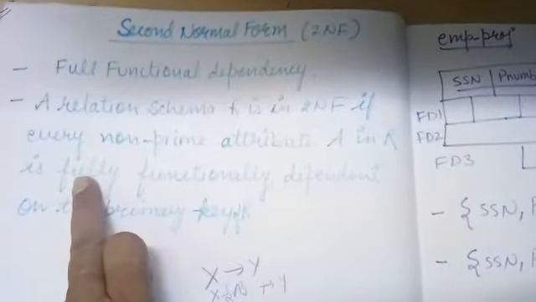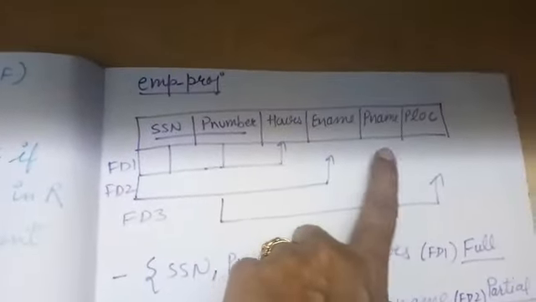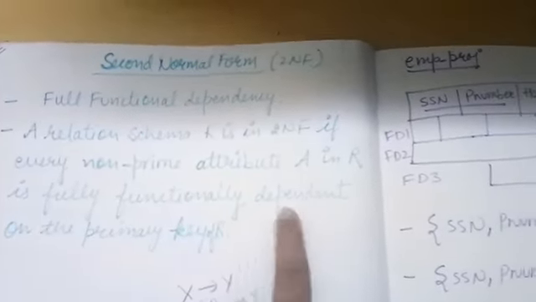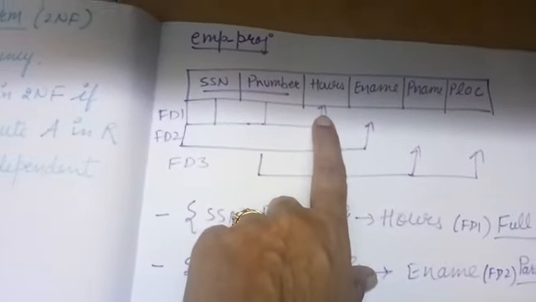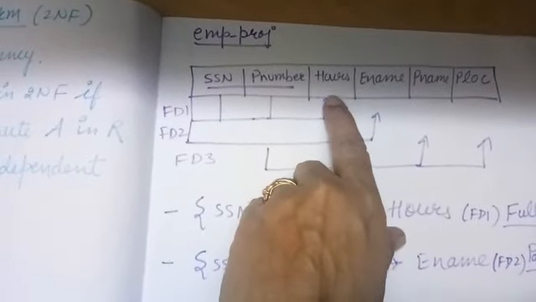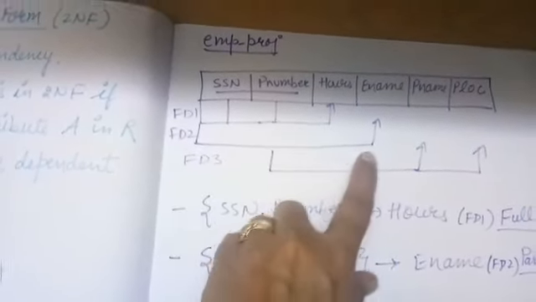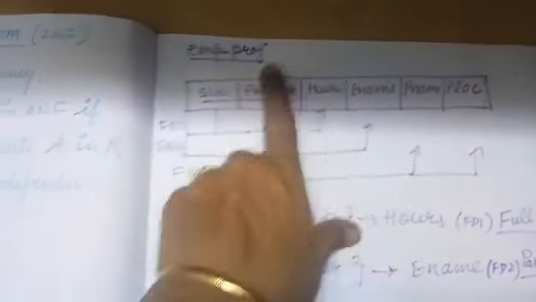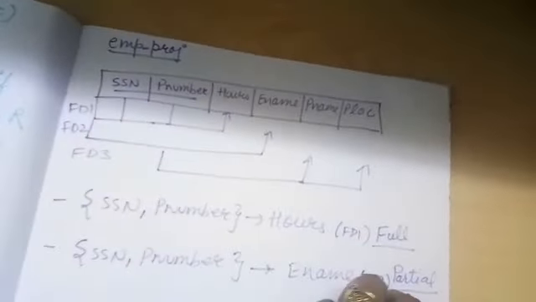In this relation, we check whether the relation schema employee project is in 2NF: every non-prime attribute, meaning Rs, E name, P location, must be fully functionally dependent on the primary key of R. Rs is okay because Rs is fully functionally dependent on both SSN and P number, but E name is dependent only on SSN. This condition violates the 2NF condition. This relation is not in 2NF.